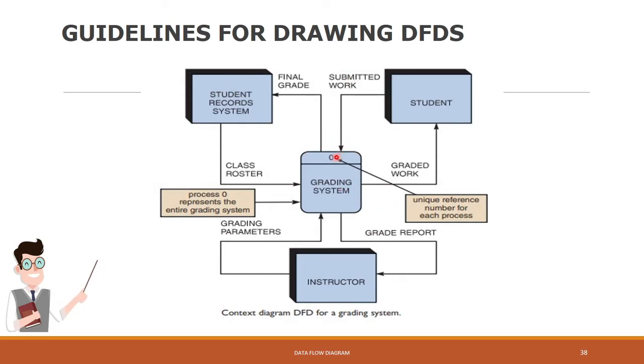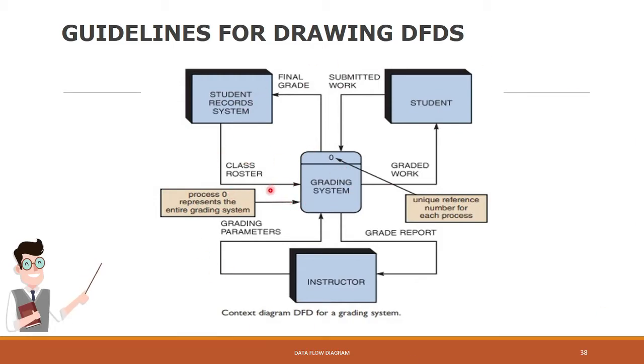Here is another guideline that we discussed, using a unique reference number for each process. The context diagram has only one process, so you should put 0 here as your process number. That means this is the context diagram.